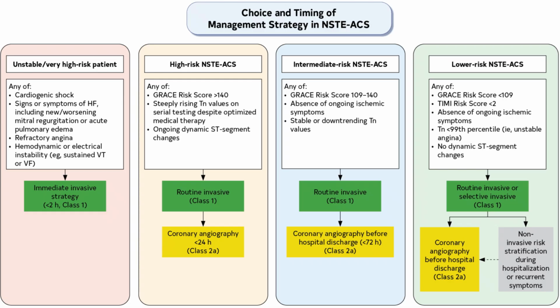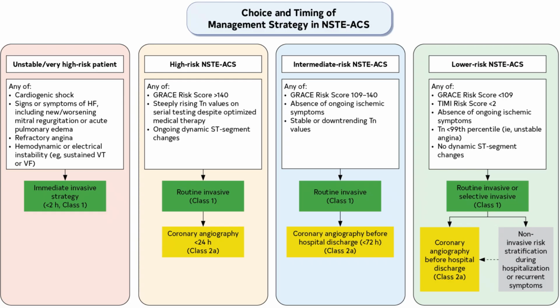Then intermediate risk non-ST elevation MI, any of: GRACE risk score between 109 to 140, absence of ongoing ischemic symptoms, stable or downtrending troponin values. Routine invasive, which is class 1, coronary angiography is recommended before hospital discharge, which is less than 72 hours.